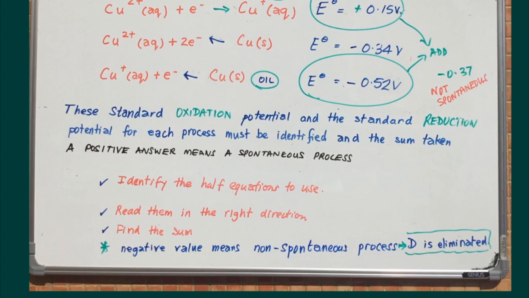When you take the sum of these two, the answer comes to negative 0.37. And you should know that a negative value indicates a non-spontaneous process. So it means that D is eliminated because the process is not spontaneous. A positive answer is required for the process to be spontaneous.